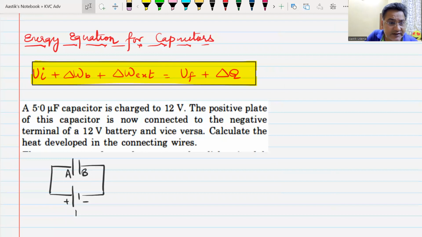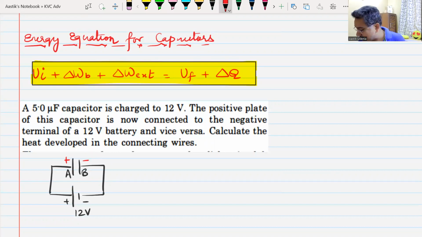This battery is 12 volt. So this plate will get positive charge and this plate will get negative charge. How much? 60 microcoulombs. Plate A is positively charged. Plate B is negatively charged.